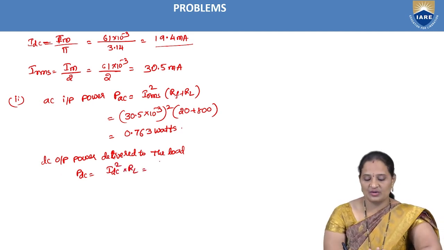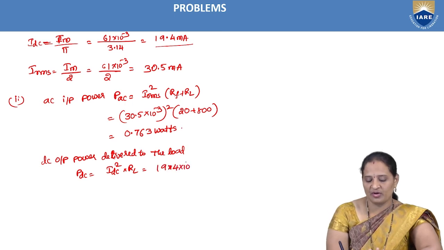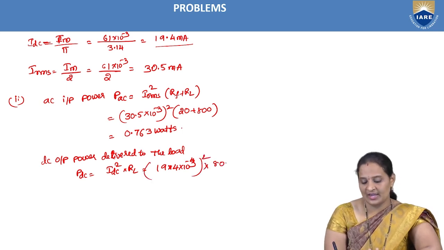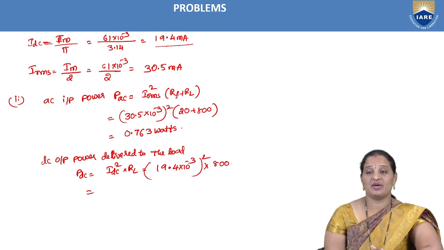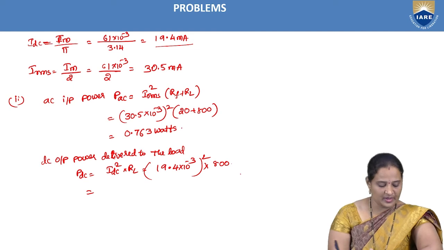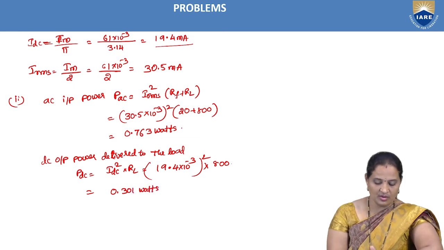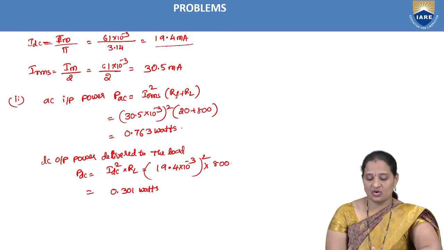IDC is 19.4 into 10 to the power of minus 3, whole square, into RL, which is 800. So the DC output power will be 0.301 watts. So this is the AC input power and DC output power.